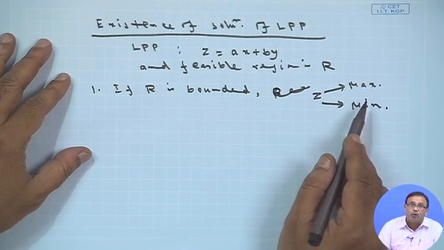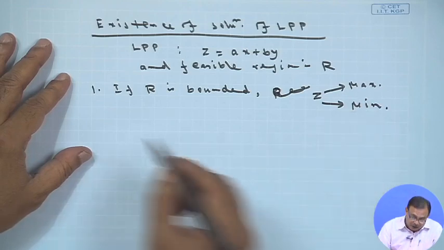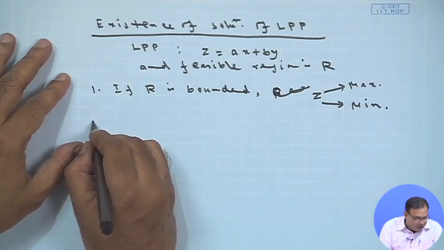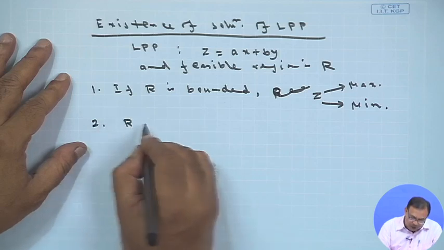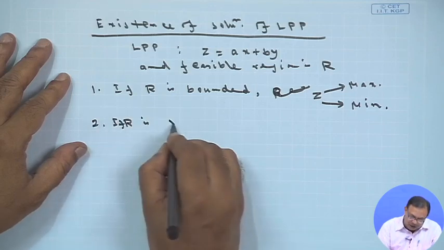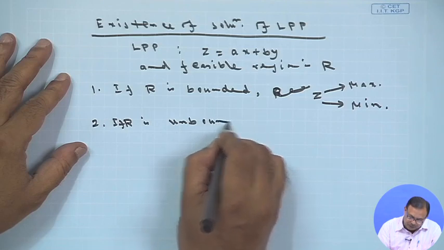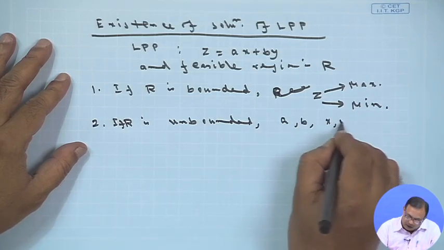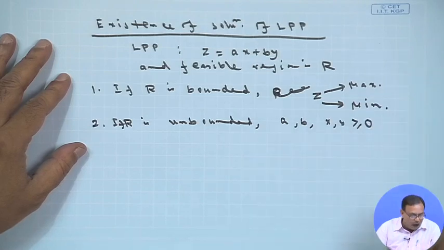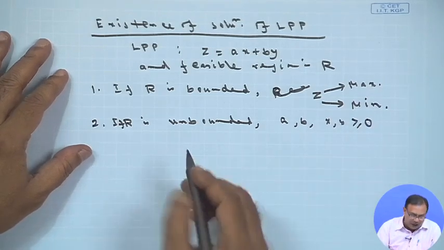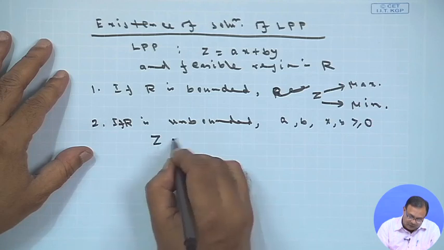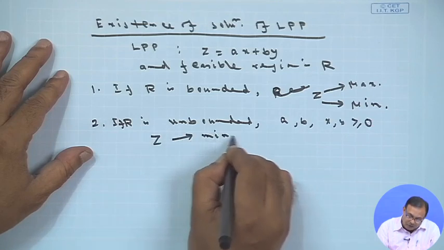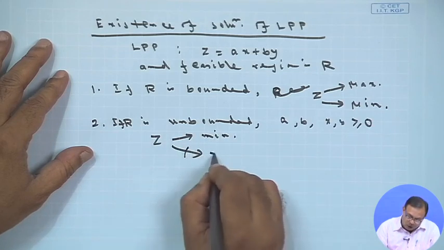Here, maximum and minimum means optimum and minimal value. Now, if R is unbounded, whereas A, B, X and Y are all greater than or equal to 0, then Z has a minimum value, but no maximum value.